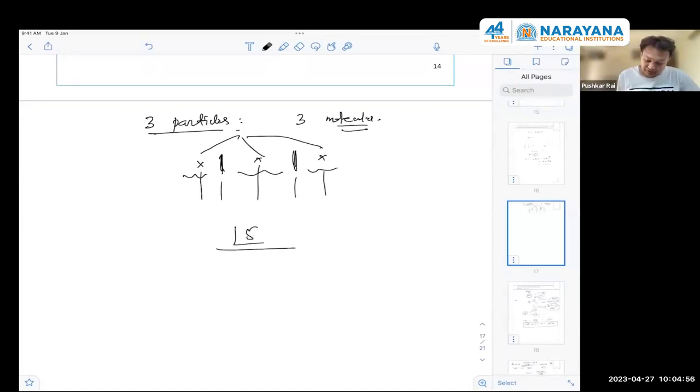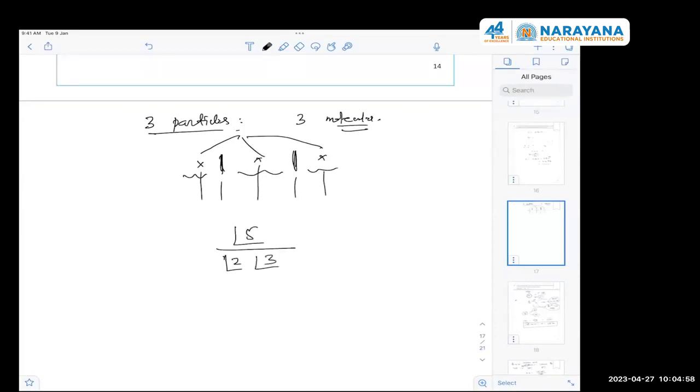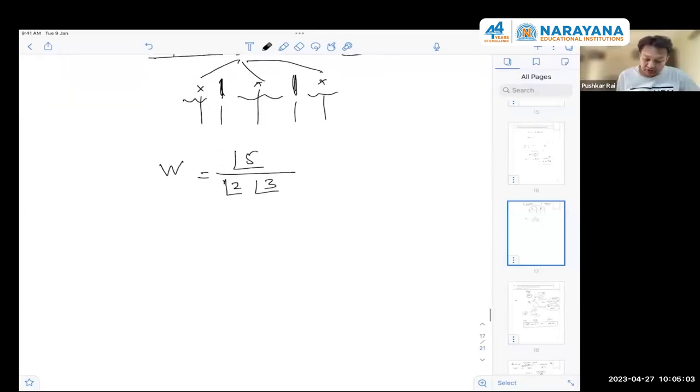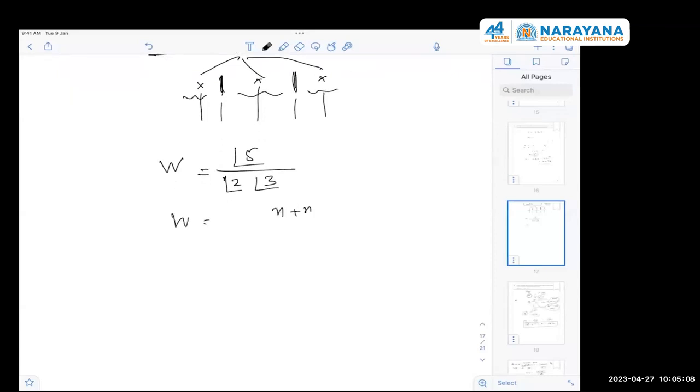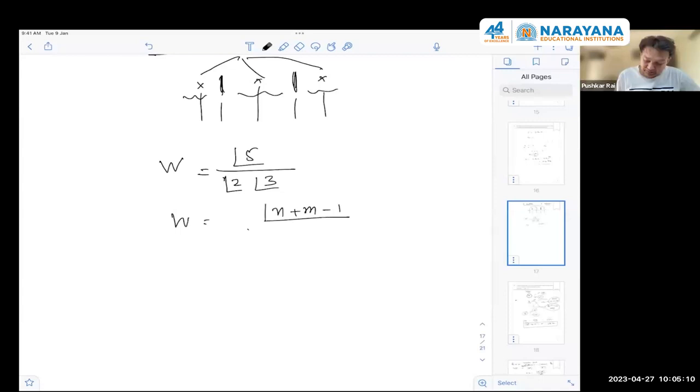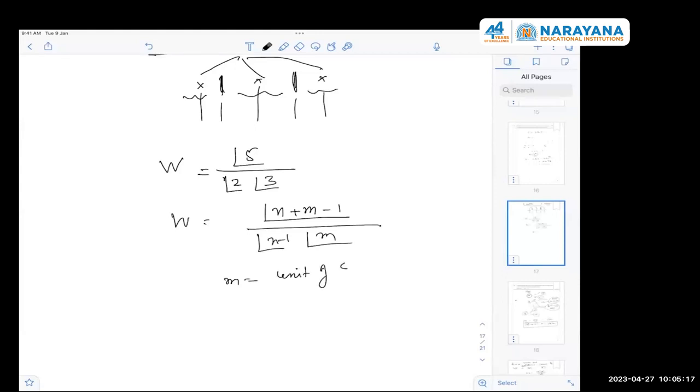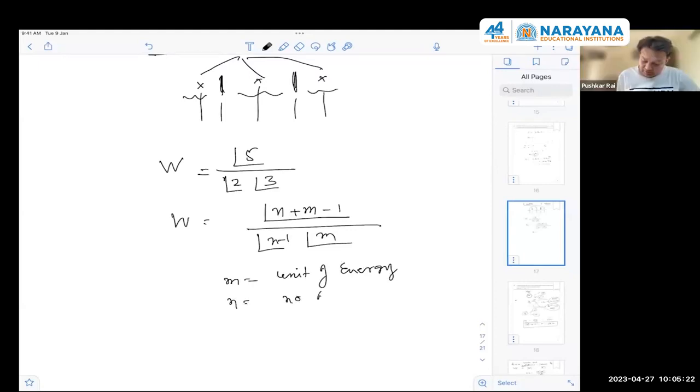Factorial 5 over factorial 2 times factorial 3 is equal to W. You can also write a formula like this: W is equal to (N plus M minus 1) factorial over (N minus 1) factorial times M factorial, where M is the unit of energy and N is the number of molecules. That's W.